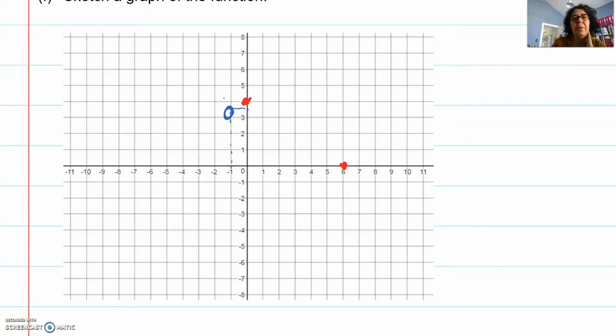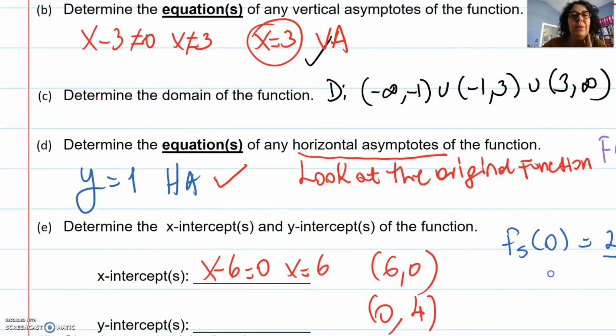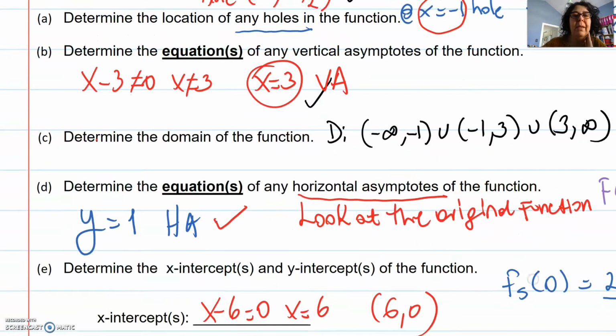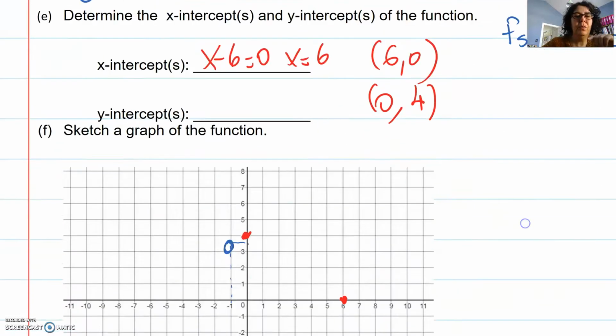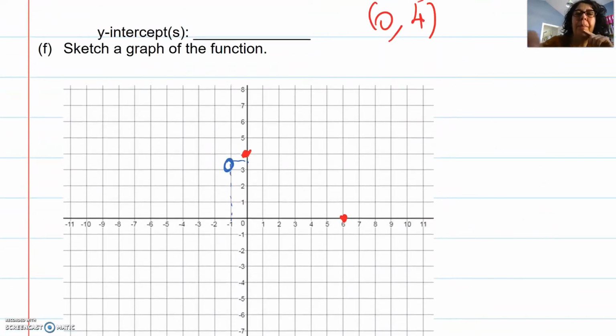All right, so we need to put the vertical and horizontal asymptotes. That's one of the benefits of y equals 1, horizontal asymptote. Horizontal line. Okay, the vertical asymptote was x equals 3.